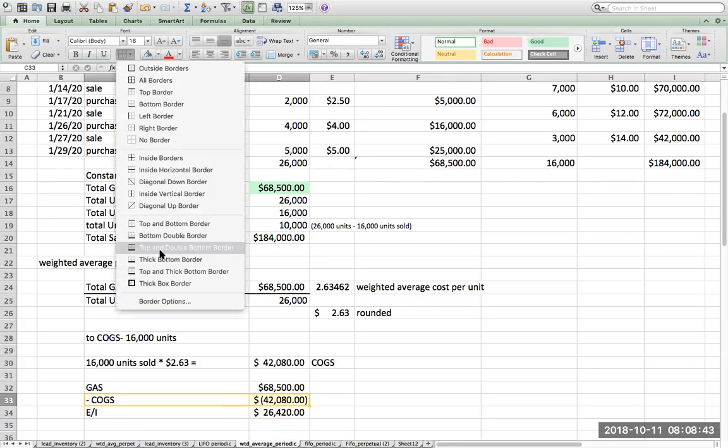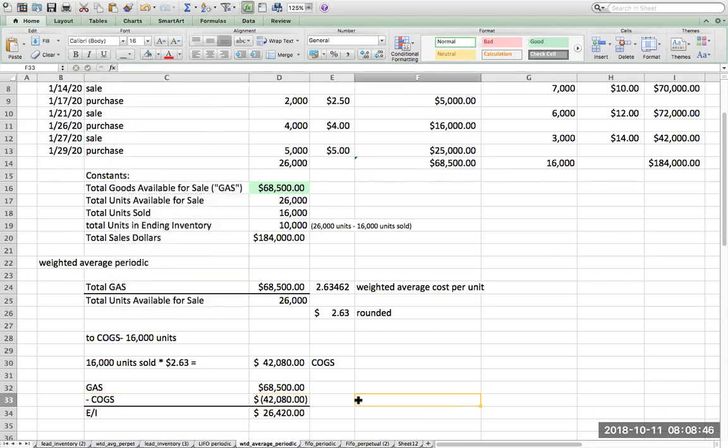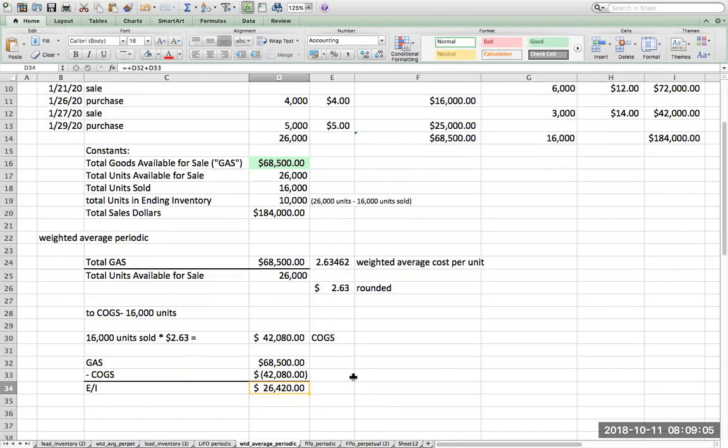So my ending inventory is 26,420 because remember what we're doing in inventory costing: we're taking this goods available for sale and allocating a certain amount to cost of goods sold, and the remaining amount goes to ending inventory.